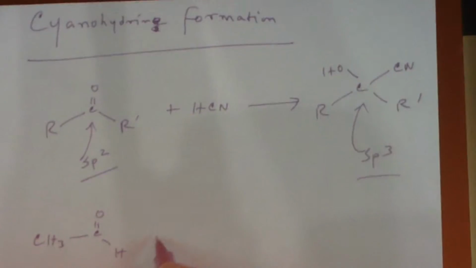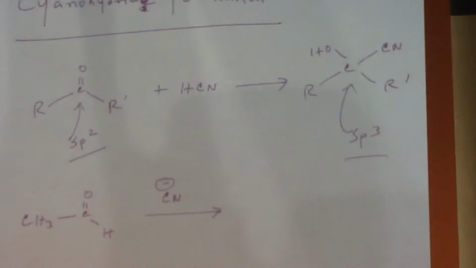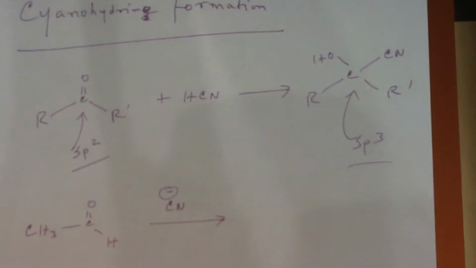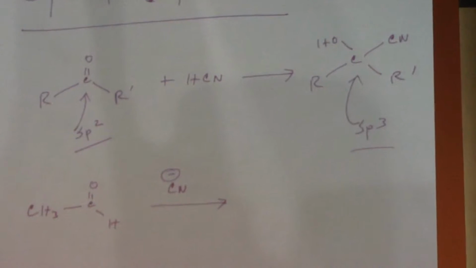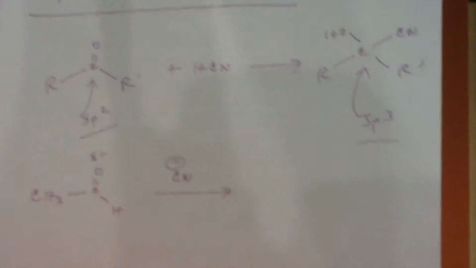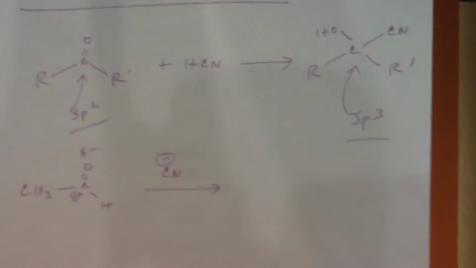In the very first step, you use sodium cyanide or potassium cyanide, meaning that the cyanide is negatively charged. That attacks the carbonyl group. As we have seen, the carbonyl has a small amount of negative charge on the oxygen and a small positive charge on the carbon.